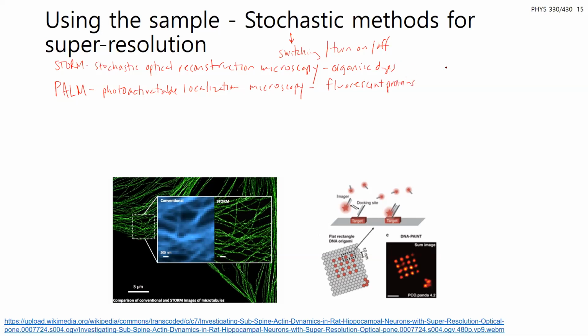And these dyes or proteins have specific wavelengths that, if you use UV light, will turn on a subset, or a specific wavelength of light, and then you can use a redder light to turn it off. So this is using photo switching. These were both developed pretty much simultaneously in 2006, STORM at Harvard from Xiaowei Zhuang, and PALM at Janelia Farm, Eric Betzig's lab, from the HHMI.